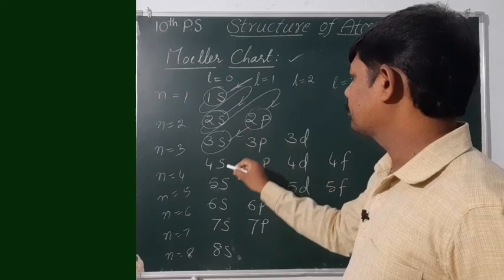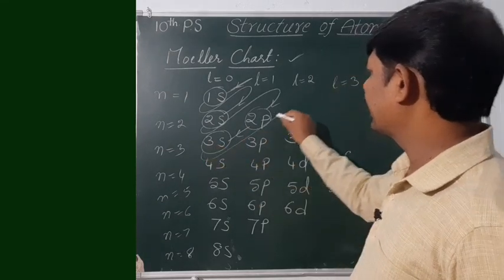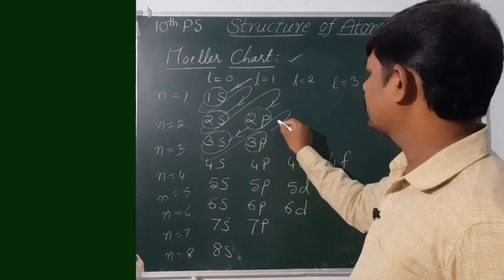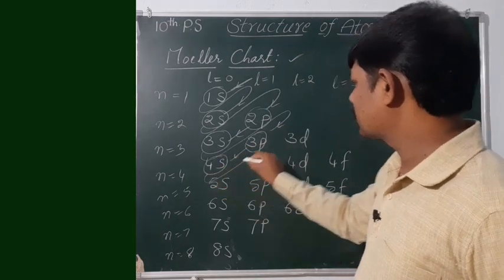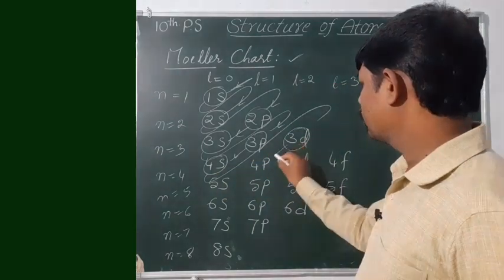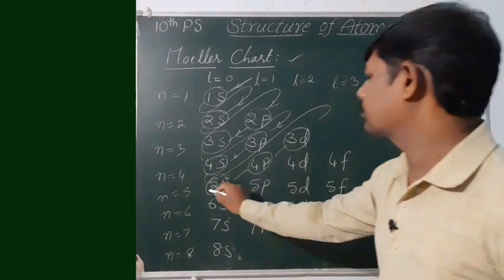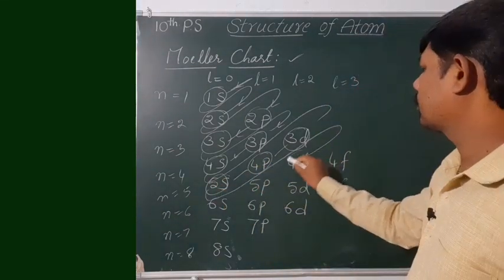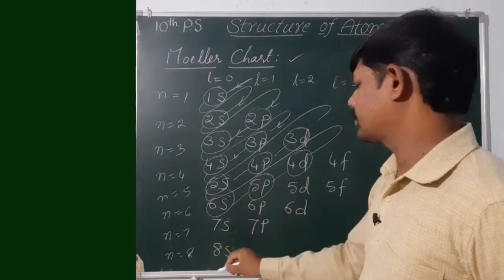So like that we can write. After completing this, again come back and enter into the 3p and 4s. Then afterwards come back, enter into the 3d, 4p, 5s. Then afterwards electrons will occupy 4d, 5p and 6s.